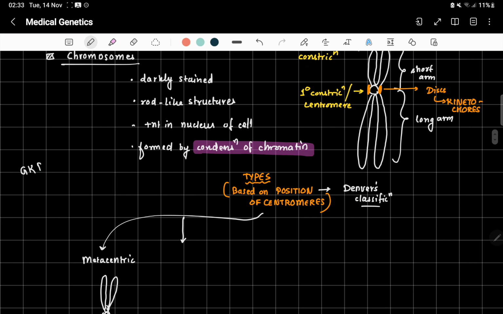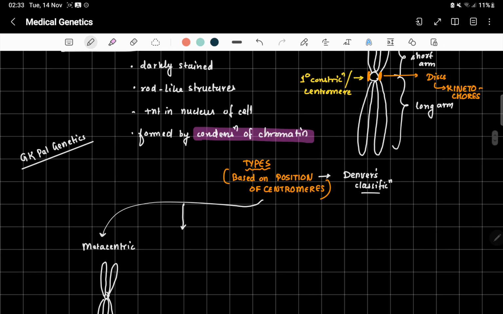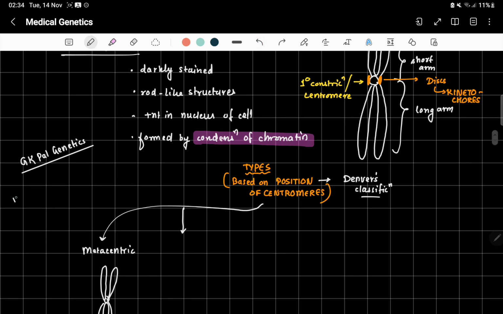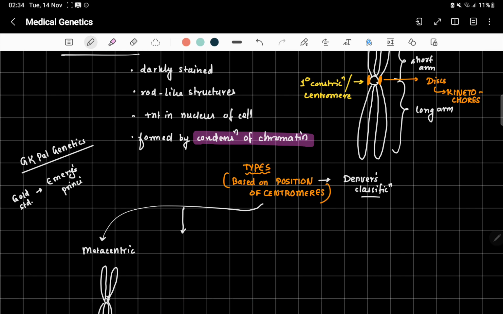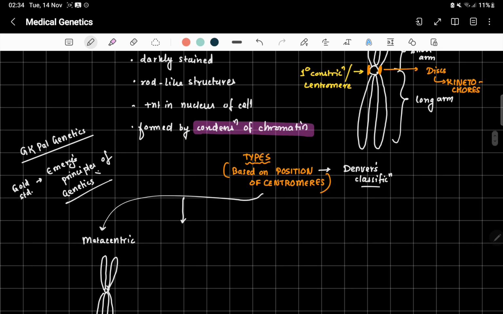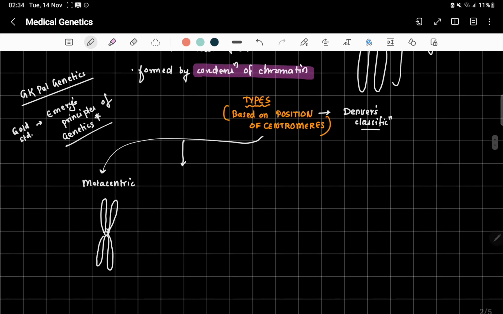Textbooks are there, like GK Pal Genetics, which is followed, and you can buy the gold standard for genetics, that is Emery's Principles of Genetics. You can buy the gold standard textbook also. I'm teaching just the bare minimum things which you need to know.